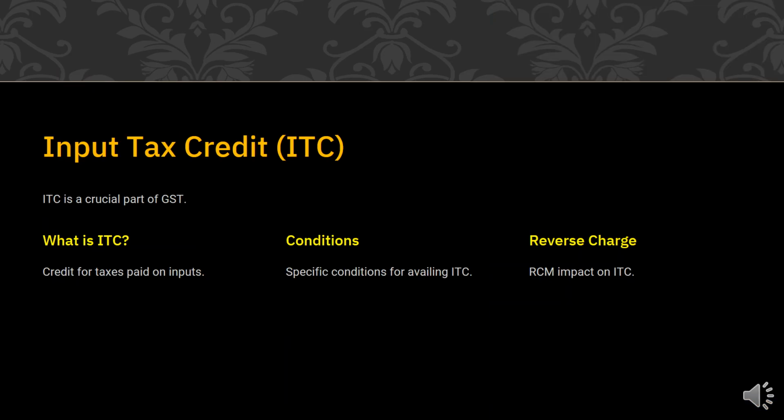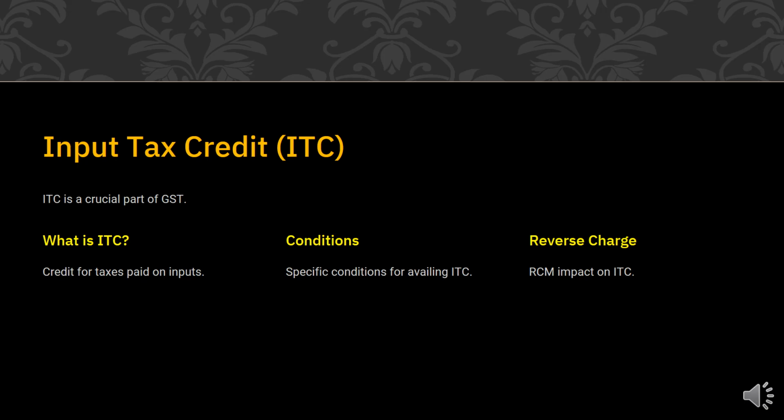Input tax credit, ITC. ITC is a crucial part of GST. Let us see what is ITC. Input tax credit is a credit for taxes paid on inputs. Input tax credit, or ITC, means the goods and services tax paid by a taxable person on any purchase of goods or services that are used or will be used for business.